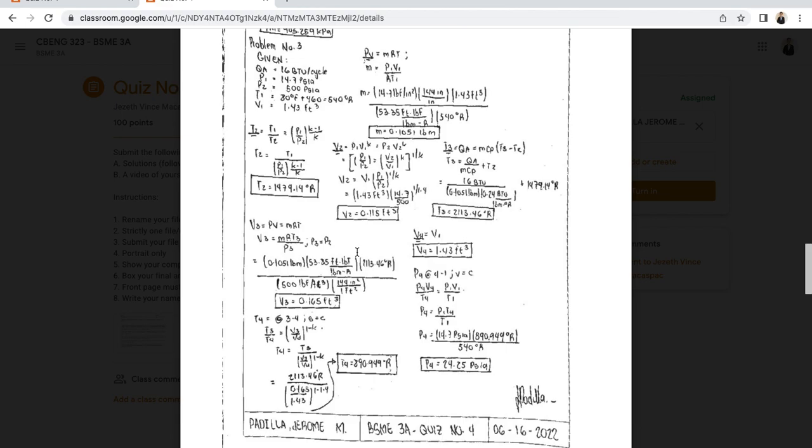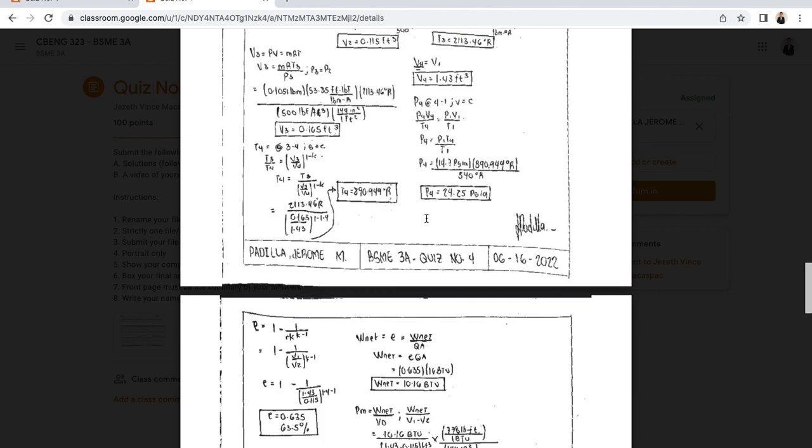And for the Cp, 0.24 BTU over pound mass per degree Rankine, plus 1,479.14 degrees Rankine, or the T2. For the T3, the value is 2,113.46 degrees Rankine.